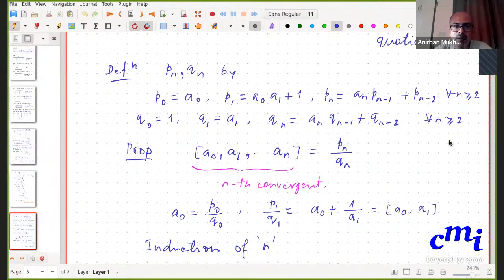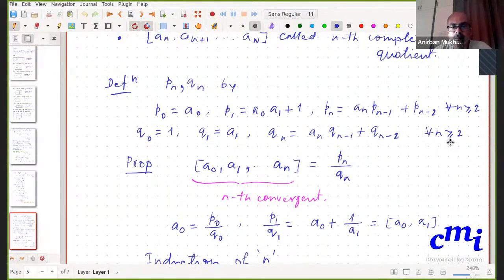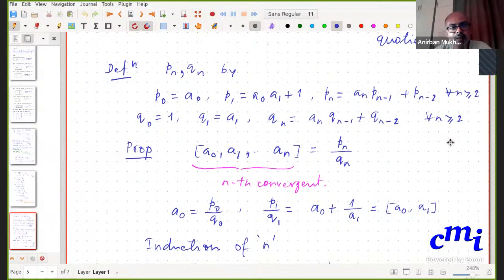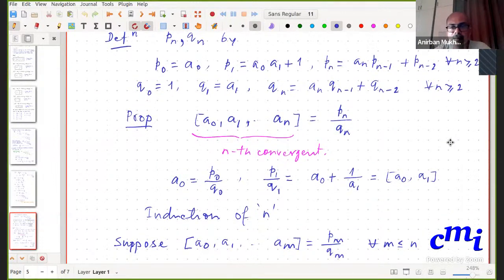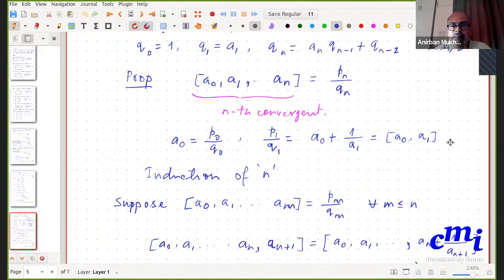We are going to call this quotient p_n by q_n, which is also equal to this, the nth convergent.